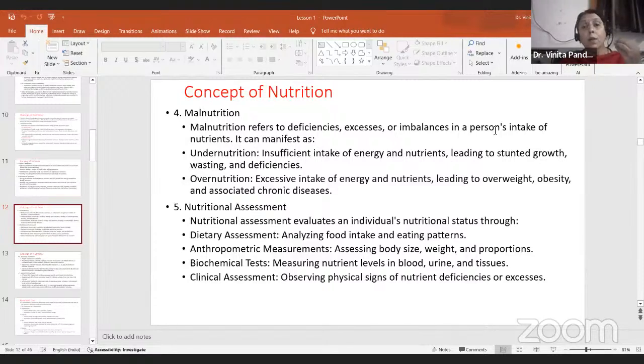Undernutrition is when you are not taking an appropriate amount of that nutrition, because of which you will have some amount of deficiency that leads to stunted growth and other kinds of challenges. Overnutrition, you are taking excessively. So that is why balance is very important. Excessive intake of energy and nutrients leads to overweight, obesity, and associated chronic diseases. But as I just mentioned, obesity can also be the result of other factors like hormonal imbalances.